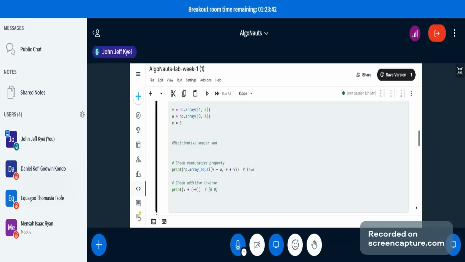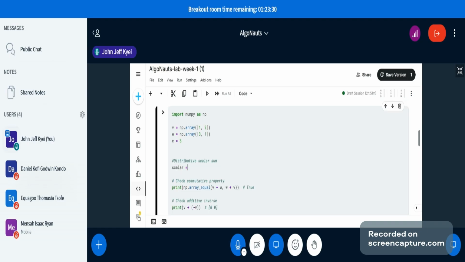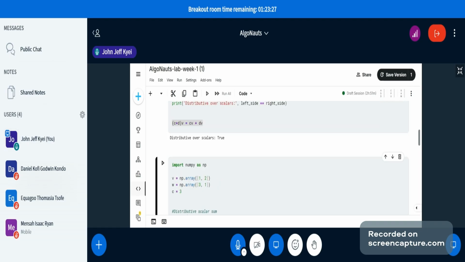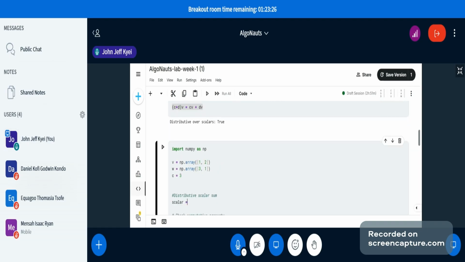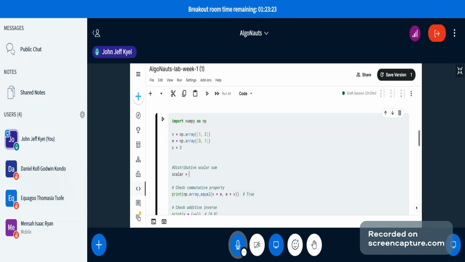Distributive scalar is essentially checking if I multiply C, so I need two scalars over here.